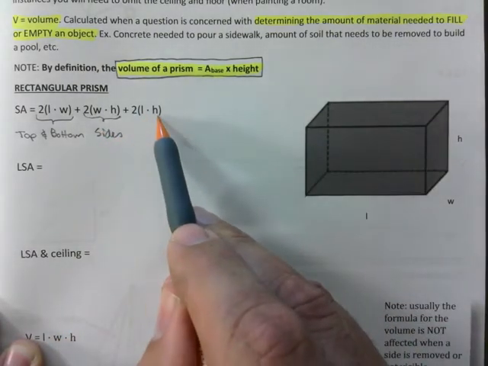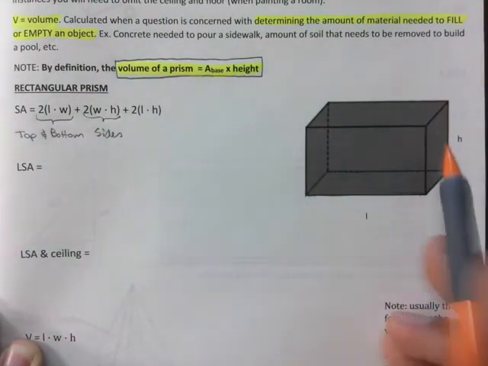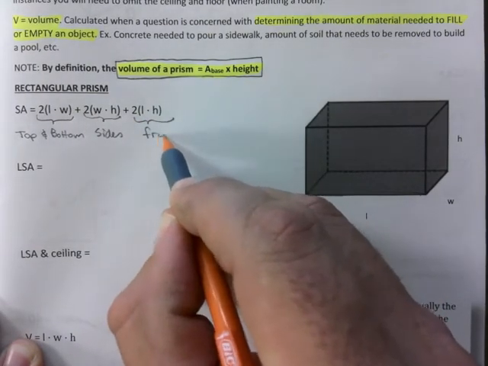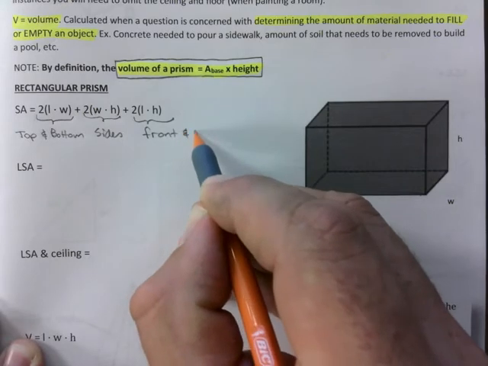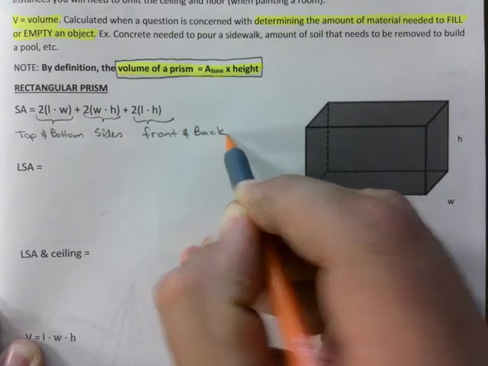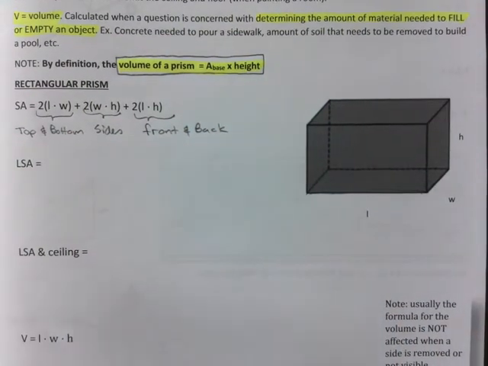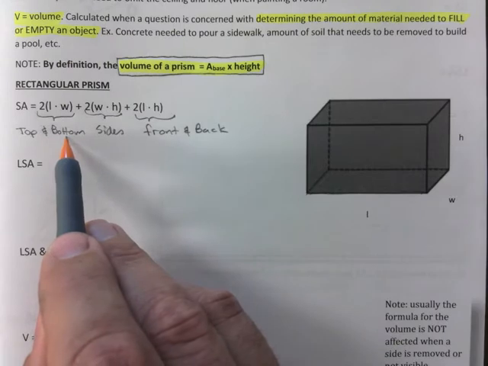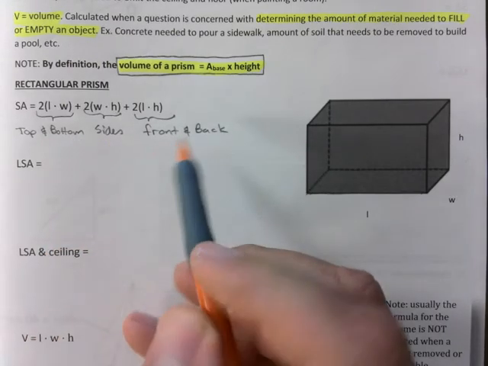And the length times height is the front and back. So top and bottom would be the ceiling and the floor, and this would be the sides, basically, of the room.